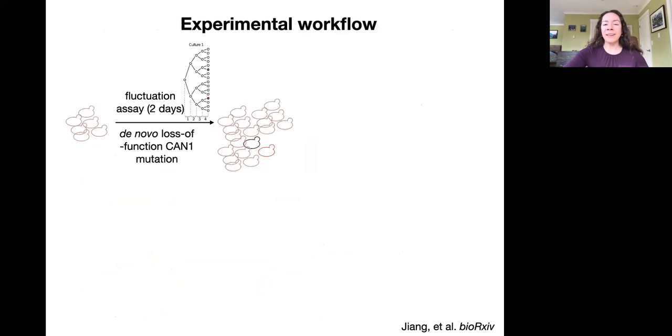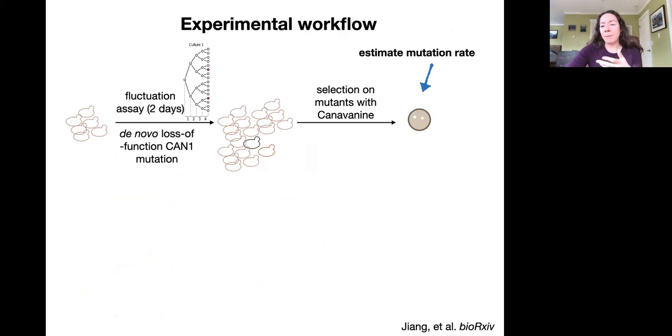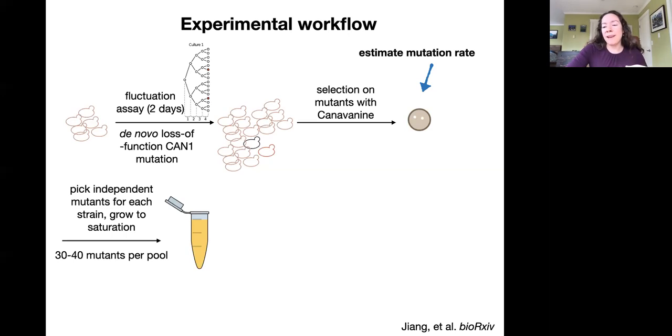So the first step is a classical Luria-Delbruck style fluctuation assay, where a bunch of yeast are grown up, and some of them spontaneously get loss-of-function CAN1 mutations. Then you impose a selection with canavanine and grow up the yeast, and all these colonies will be mutants. The number of colonies is classically used to estimate the mutation rate.